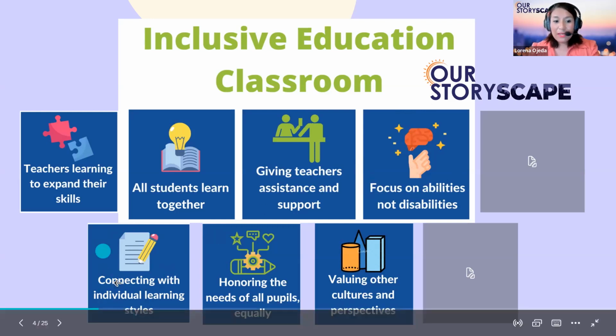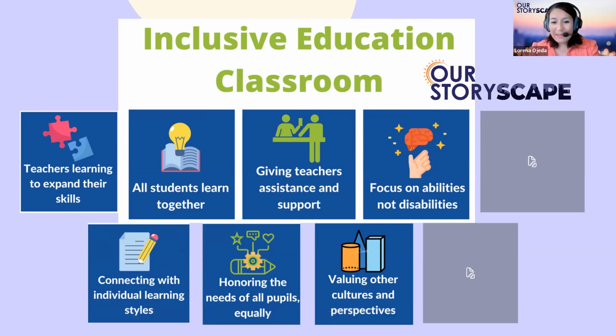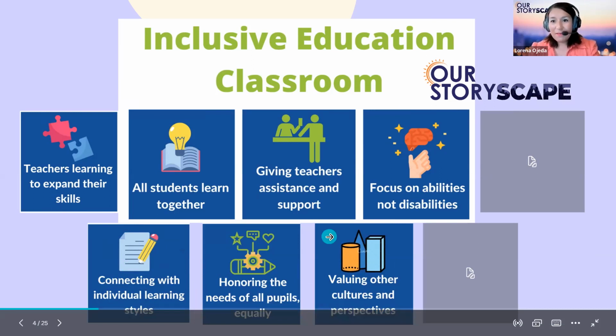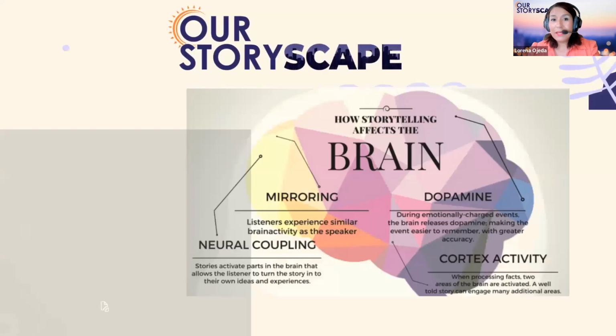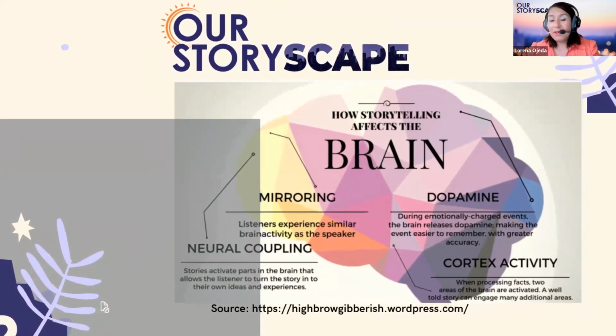We also have to be connecting with those individual learning styles, as Celia mentioned, honoring those needs of our students equally, not just the ones that are more prominent, and valuing other cultures and perspectives. A homogeneous class is something we had to work differently, because not everyone is the same and not every student learns in the same way. So we have to adapt those preconceived notions that have been there for a long time, and adapt our learning and teaching styles.